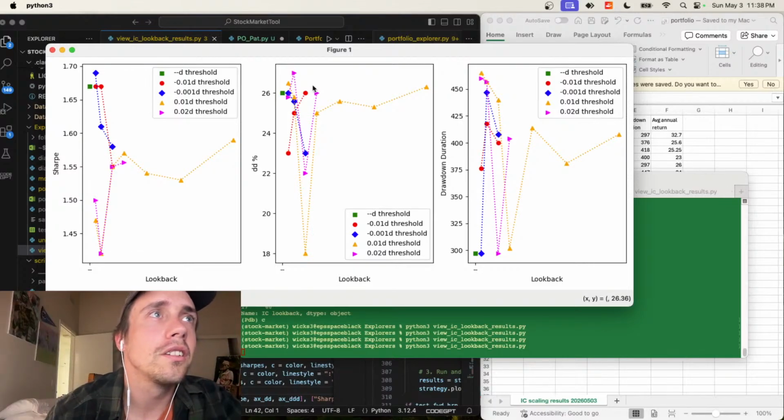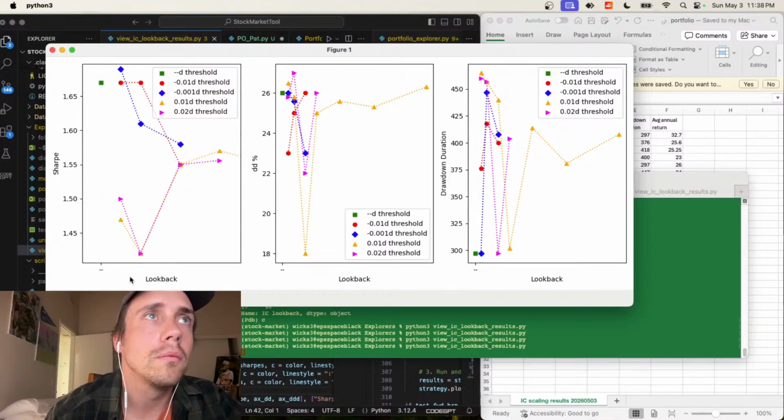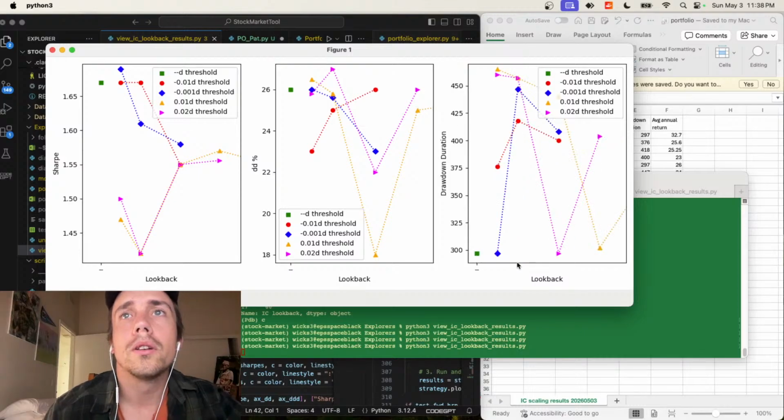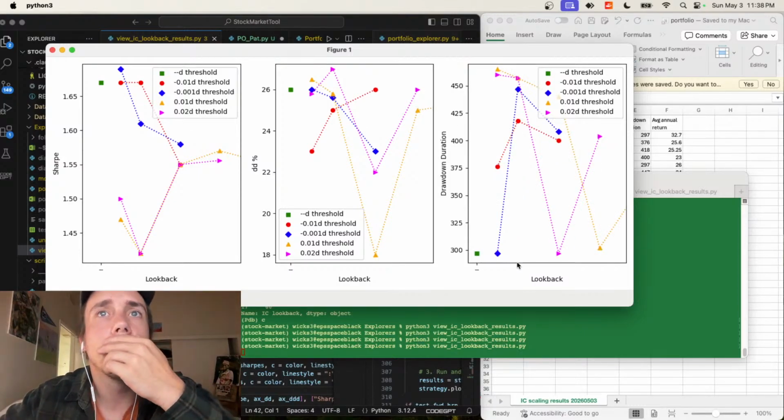This is chaos. Yeah, I don't know what to conclude here. Other than, I guess we could say, longer look back with a stricter window seems to do better.